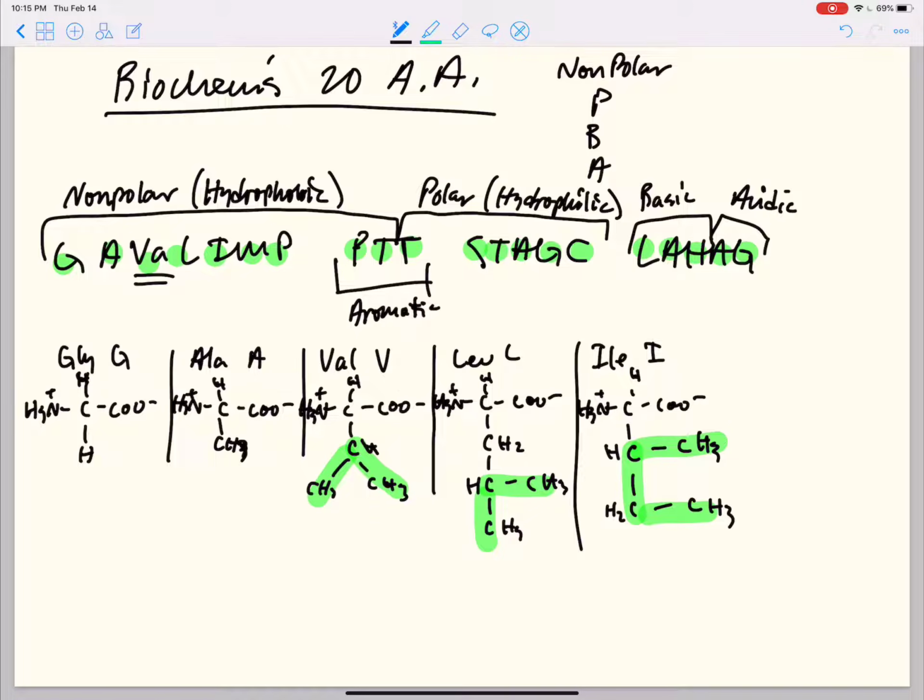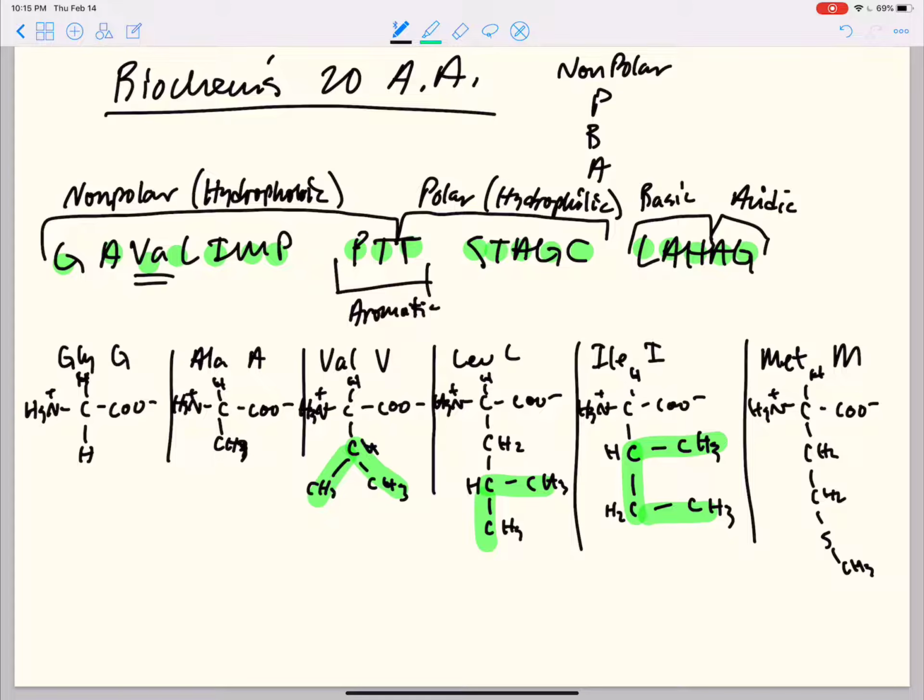Next one is methionine. Methionine is met, and it's an M. So methionine looks like this. And methionine is going to have a sulfur group in it. So you're going to have CH2, CH2, sulfur, CH3.